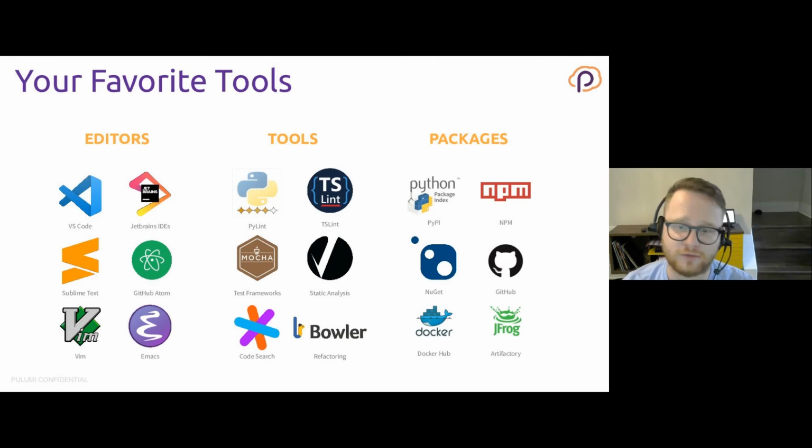If you're a software developer and you're familiar with any of these languages, you can just pick up these tools and use them straight away. I'll be using VS Code today for the examples. As I mentioned before, I'll be using Python. But all of these tools are available to you to allow you to get involved in the ecosystem and define the infrastructure in code in the language that you feel comfortable and familiar with.